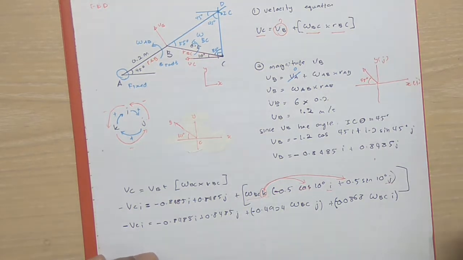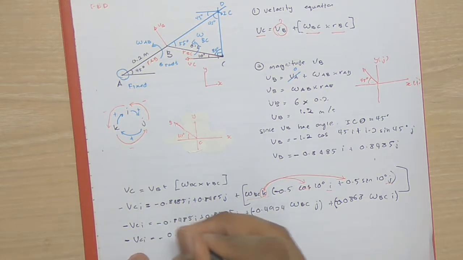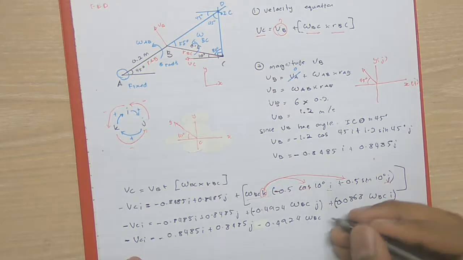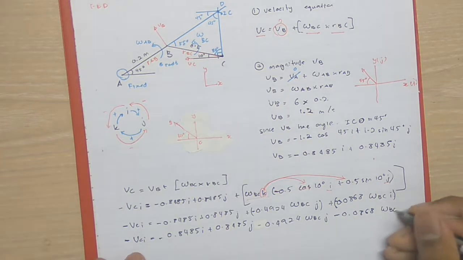So I will just write again for you to see: negative 0.8485 I positive 0.8485 J plus negative 0.4924 omega BC J negative 0.0868 omega BC I.